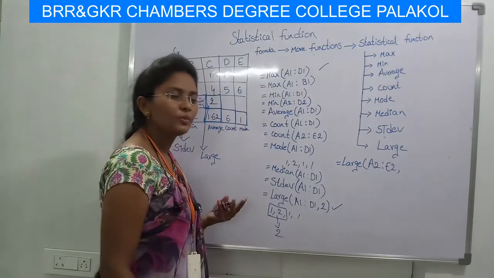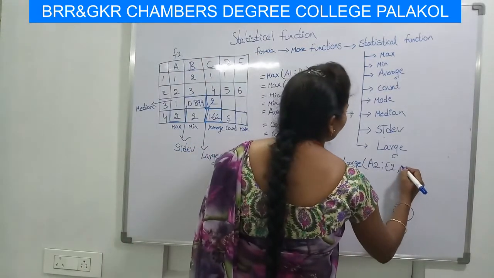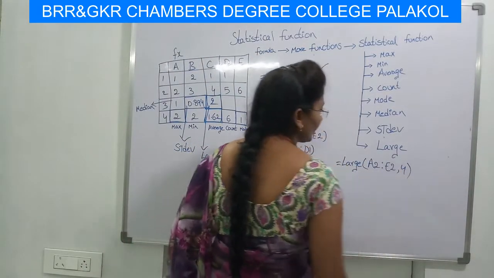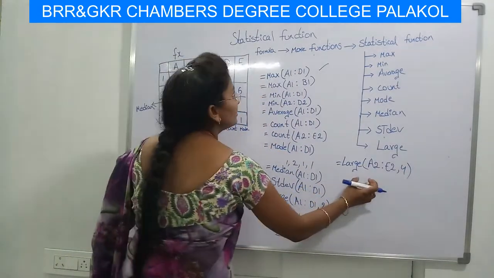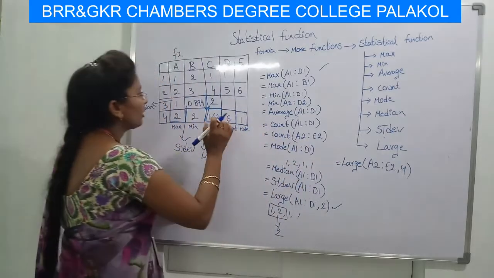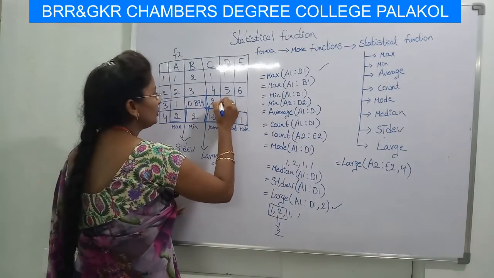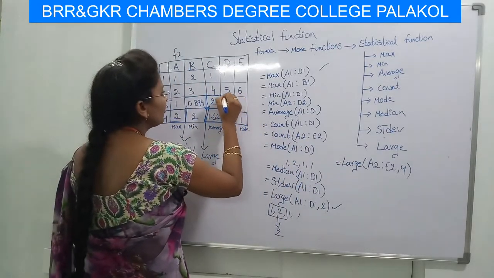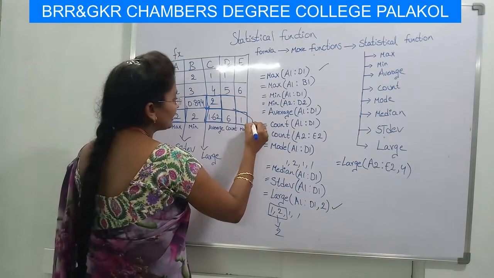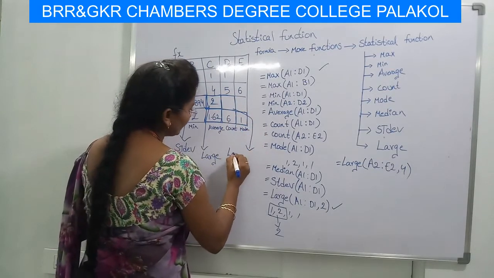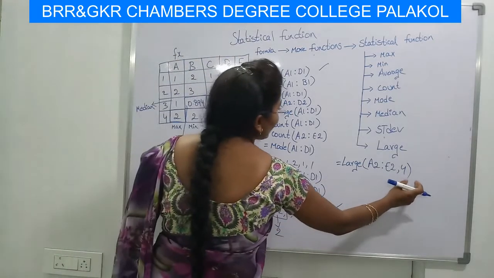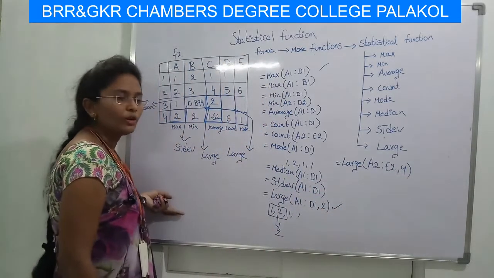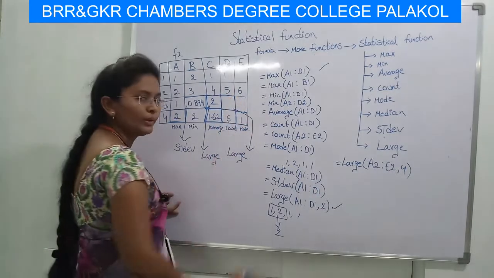Here I am entering the number 4 and closing the bracket. This large formula result should appear in this cell. This is for another example of large.